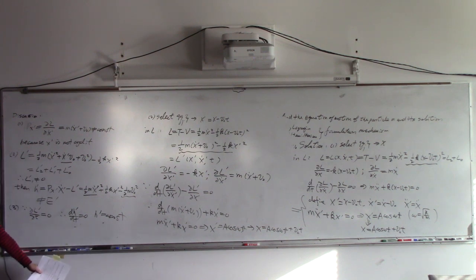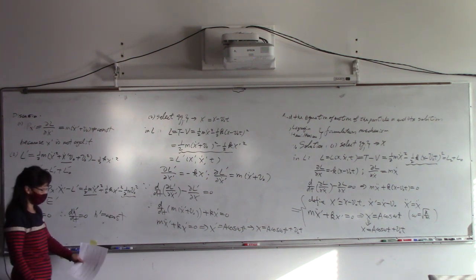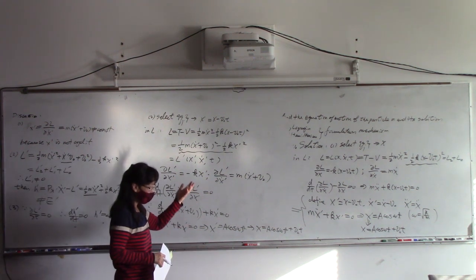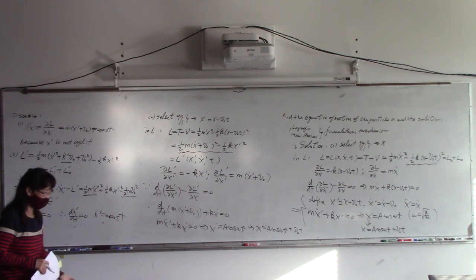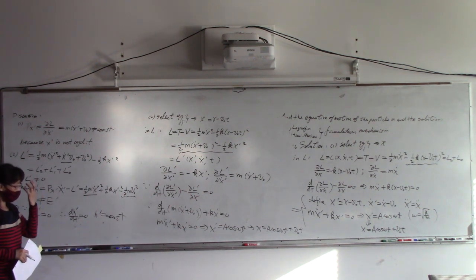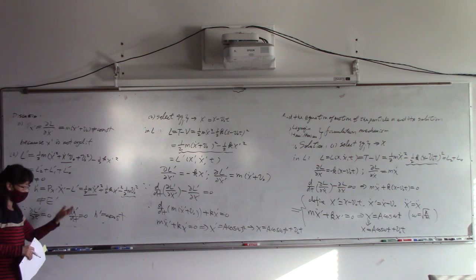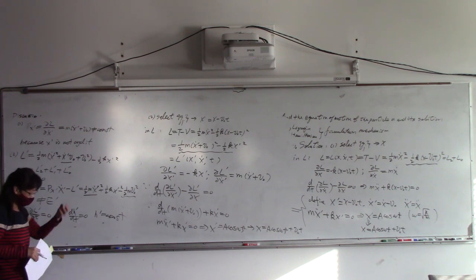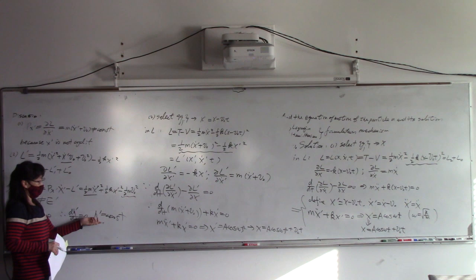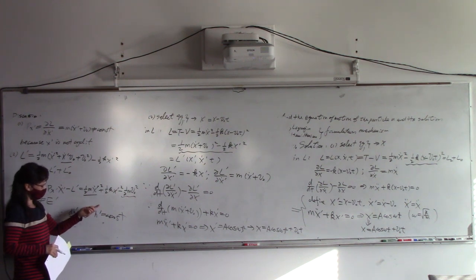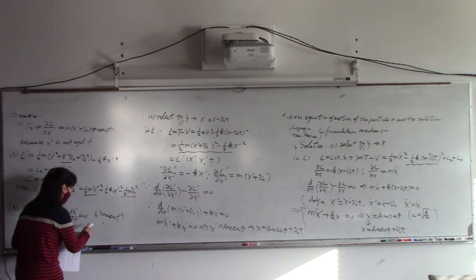You can see here, H is not conserved. If we select x as the generalized coordinate, the energy function is not conserved. But if we replace x by x prime, the new energy function H prime is constant, is conserved.